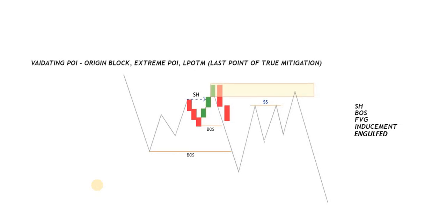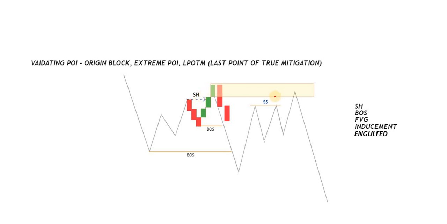Validating POI, origin block, extreme POI, the last point of true mitigation, they are all the same thing. If you want to validate a point of interest or order block, first of all, that block must have manipulated either a high or a low, or clear liquidity.